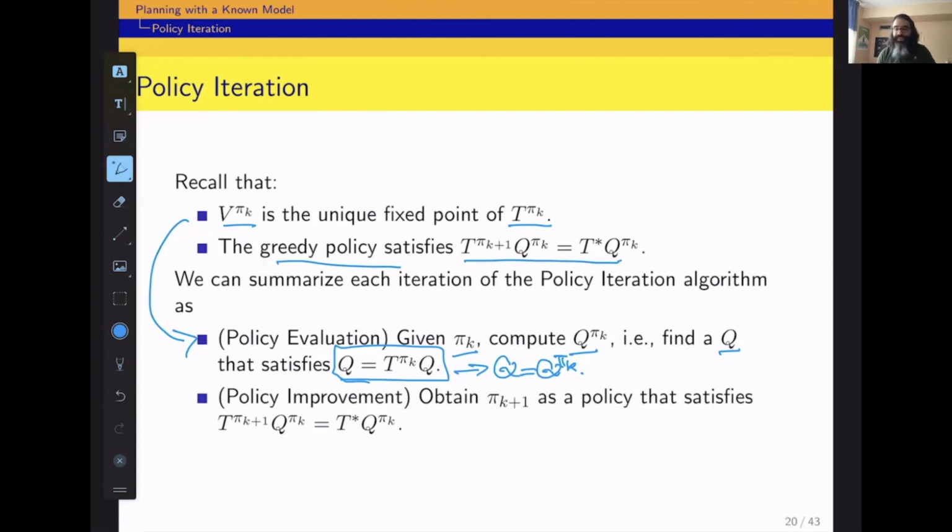Basically what I'm saying here is that we have Q pi. I compute the Bellman optimality operator on it, and it has a maximization over actions.